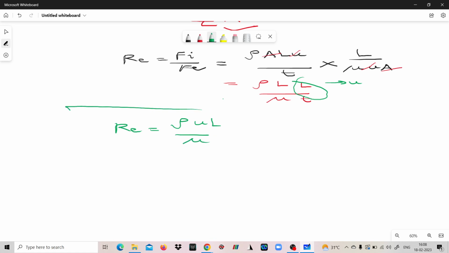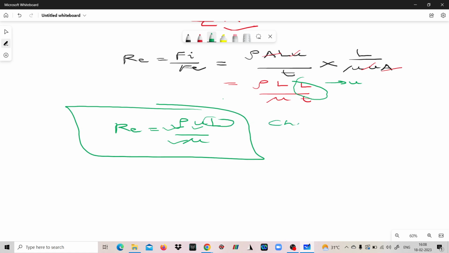This is the expression for Reynolds number. It is a dimensionless quantity which signifies the ratio of the inertial force to viscous force. Here rho is the density of the fluid, U is a velocity component, mu is the coefficient of dynamic viscosity, and L is the characteristic length scale of the problem.